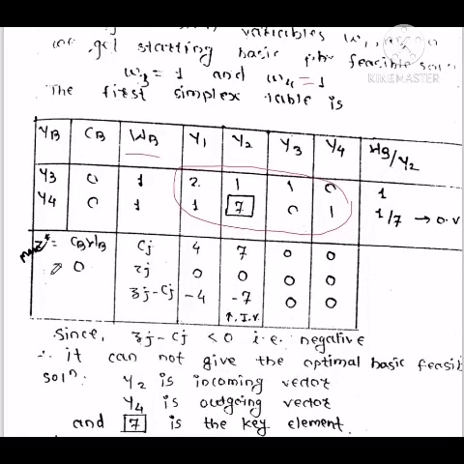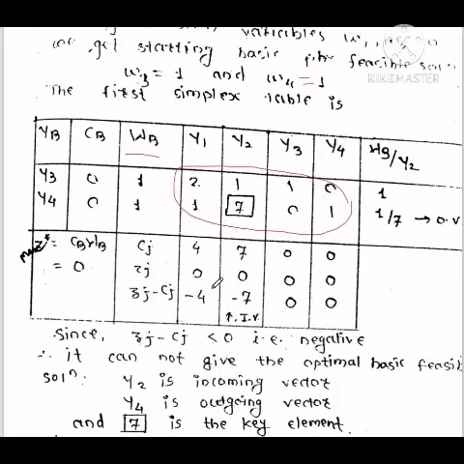Then we find maximum Z star equal to CB times WB, which is the formula. So 0 into 1 plus 0 into 1 is 0. Then Cj, Zj, and Zj minus Cj. Cj means C1, C2, C3, C4, which from the objective function are 4, 7, 0, 0. Zj means CB into Yj, so 0 into 2 plus 0 into 1 is 0.